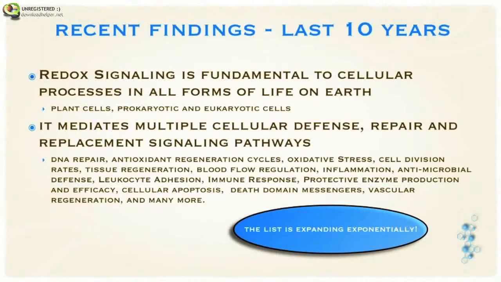And so some of those are listed here, from cell division rates to tissue regeneration to vascular regeneration, inflammation, antimicrobial defenses, leukocyte adhesion. All of these involve redox signaling biochemistry. This list is growing and expanding exponentially. And today there are well over 100 original scientific articles from scientific studies that are published newly every single month. It's an incredibly fast-growing field of science.